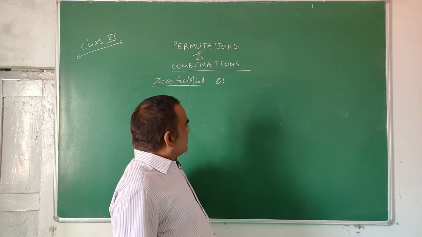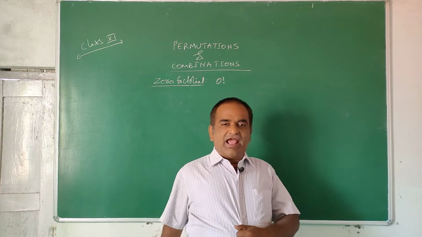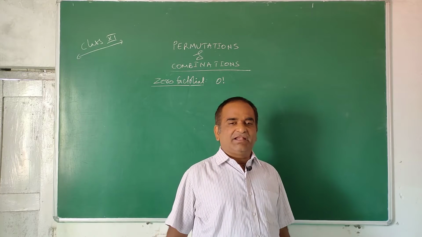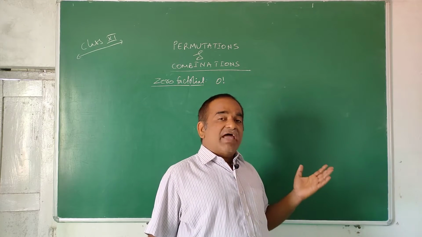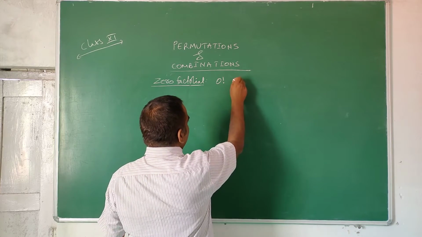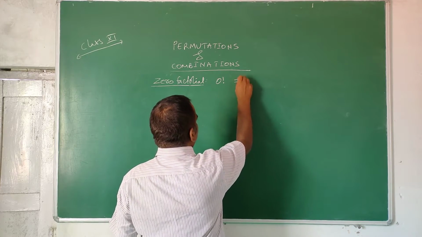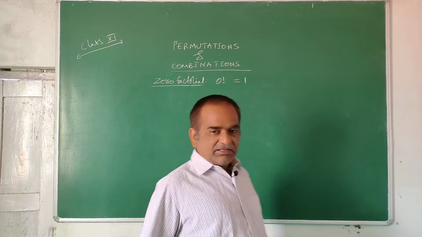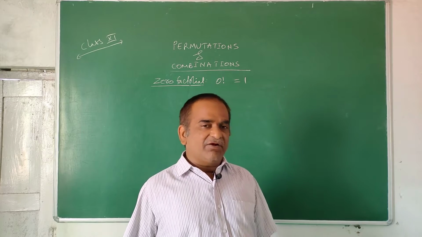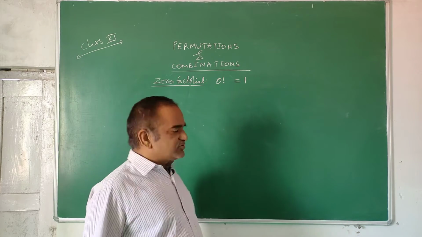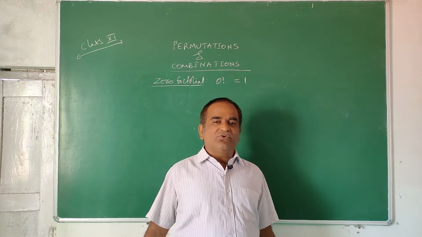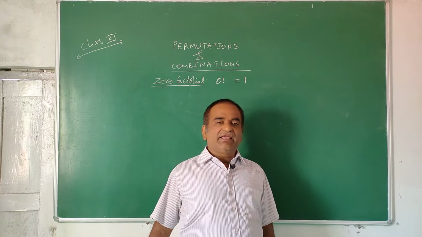If you compare with the definition of factorial n, 0 factorial has no definite sense, so we take 0 factorial as 1. So hereafter 0 factorial means 1, you have to understand. So please don't think more than required about this. In fact, 0 factorial has no definite sense, so you are taking it as 1.